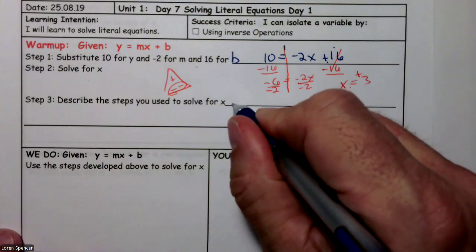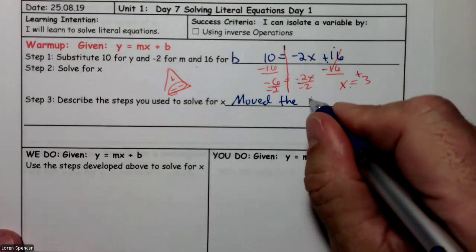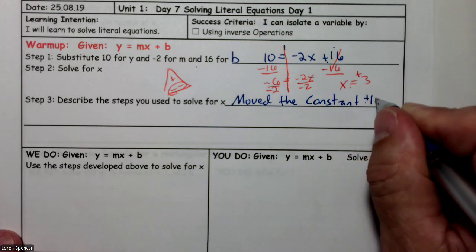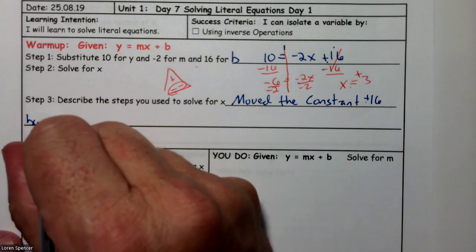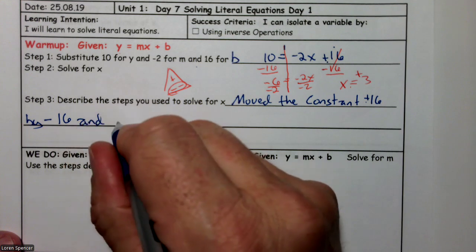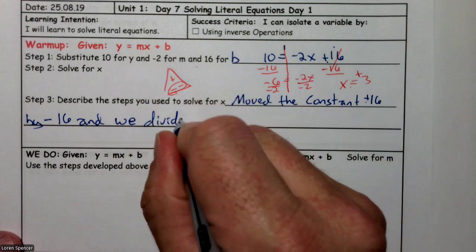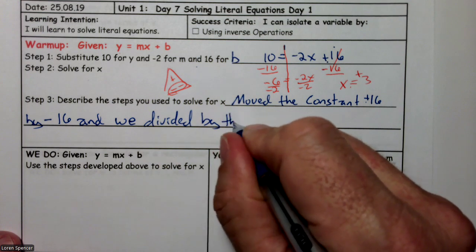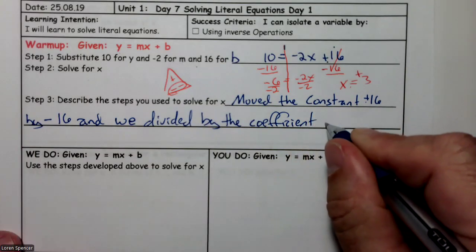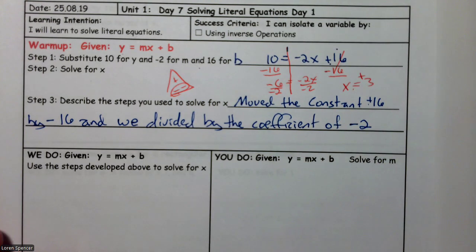I guess we moved the constant plus 16 by minusing 16, and we divided by the coefficient of -2. That's how we did it.